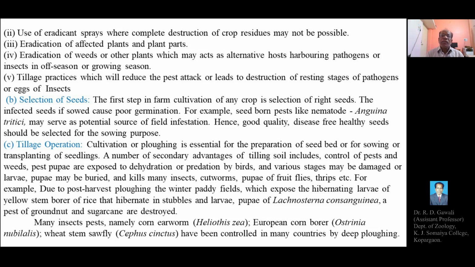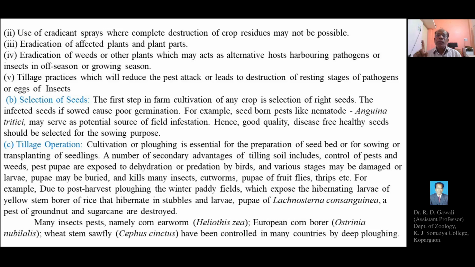For example, a seed-borne pest like a nematode, Anguina tritici. This type of nematode pest can occur in the crop field along with the seeds.